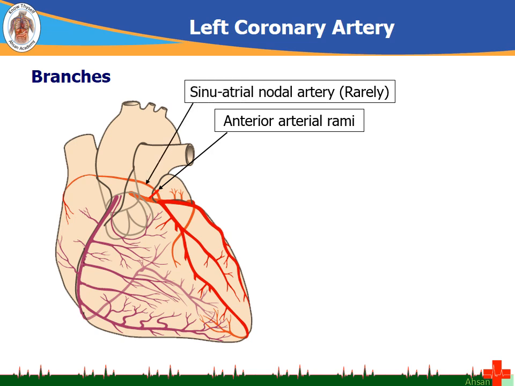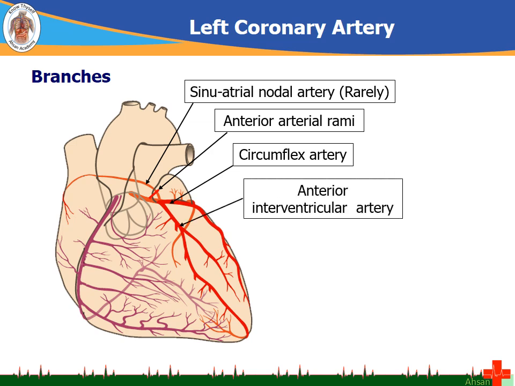Another is the SA nodal artery; rarely the SA node is supplied by the left coronary artery. This artery arises from the trunk of the left coronary artery. The two terminal branches are the main branch: the circumflex, which is actually the continuation, and the major branch, the anterior interventricular artery.